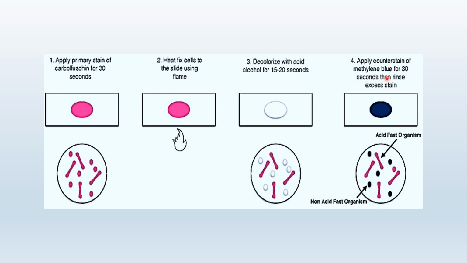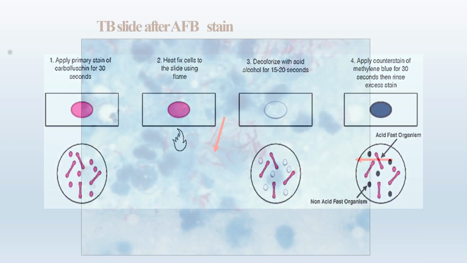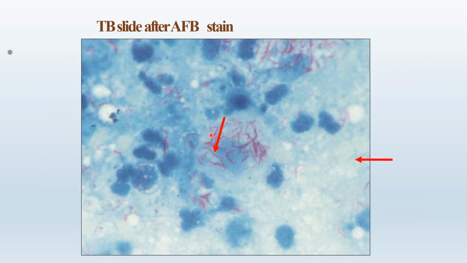Then in the last step, a counterstain, that is methylene blue, is added that would counterstain these non-acid fast bacteria as blue, while acid fast would be stained as pink red. So this slide shows the acid fast staining that shows these pink rods as Mycobacterium tuberculosis or acid fast bacteria.